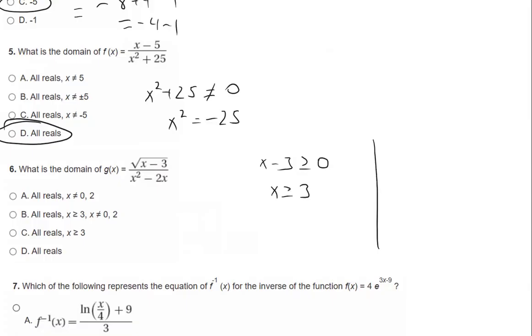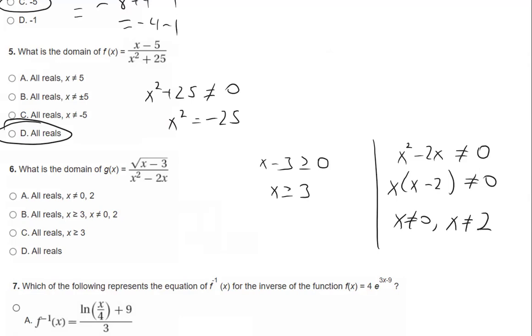And then we also have, similar to number 5, the bottom, x squared minus 2x, cannot be equal to 0. If we factor this, we get x times x minus 2 cannot be 0. So x cannot be 0, and x cannot be 2. Okay, so I believe the website says choice B, but let's think about it. This condition, x is greater than or equal to 3, already includes these two as well.